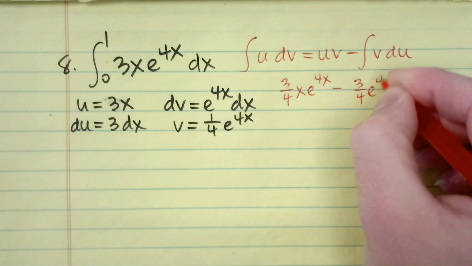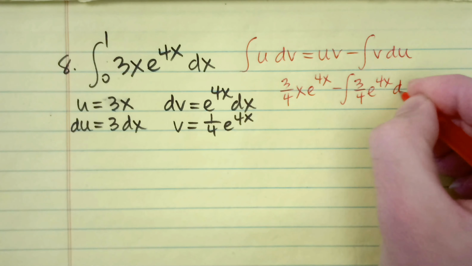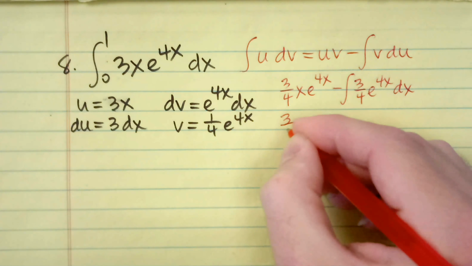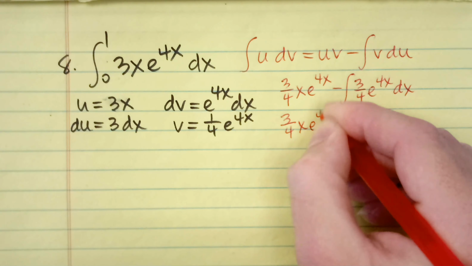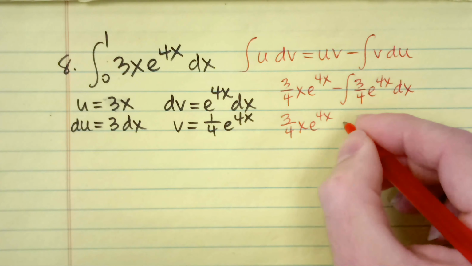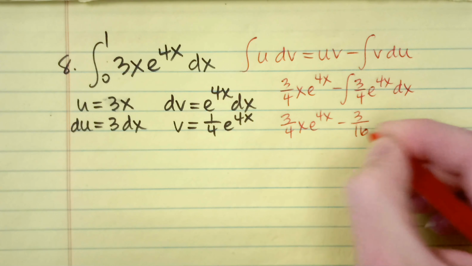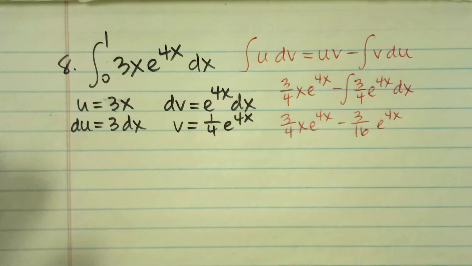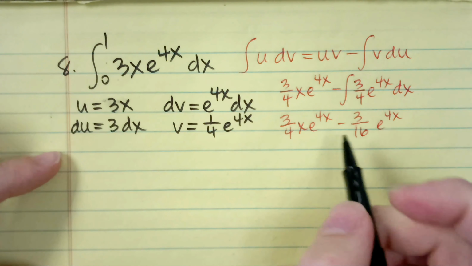3/4 x dx. Right. Okay, I'm going to have to divide by another 4 here. Okay, and then I'd have plus c. But okay, so I'm going to be doing that from 0 to 1.